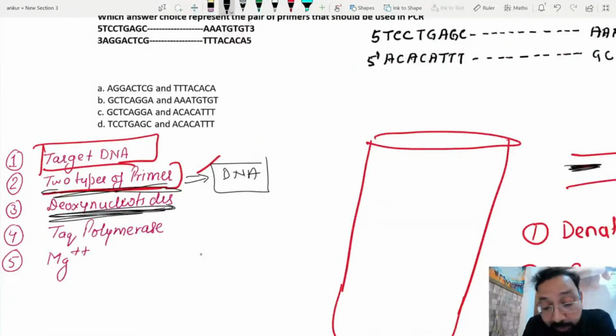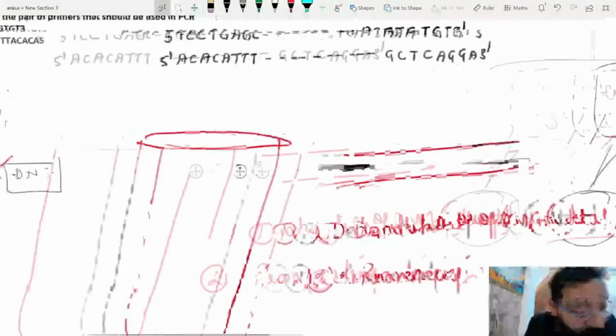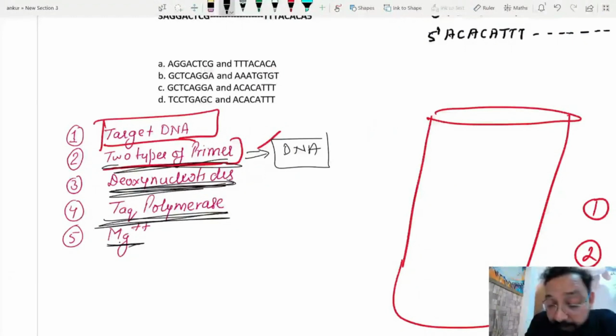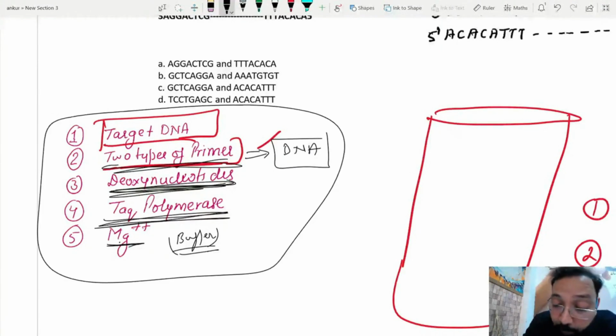And we take Taq polymerase, from Thermus aquaticus. This is a warm water bacterium, it can tolerate heat. Fifth, we take magnesium, which maintains the buffer system. So these five are the components of PCR we take in a test tube.